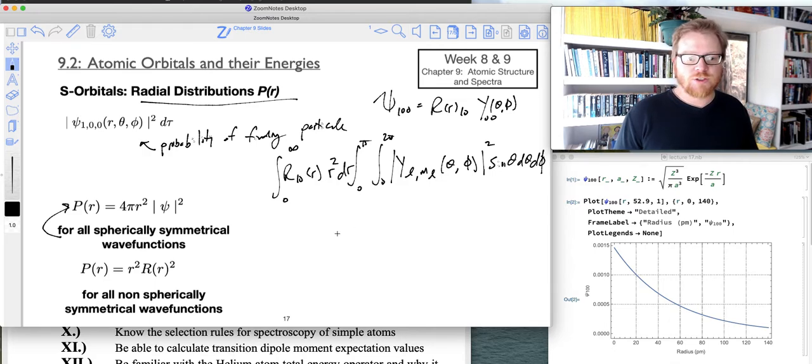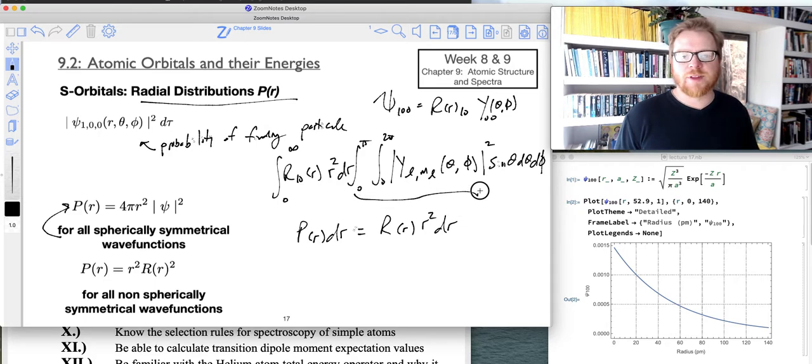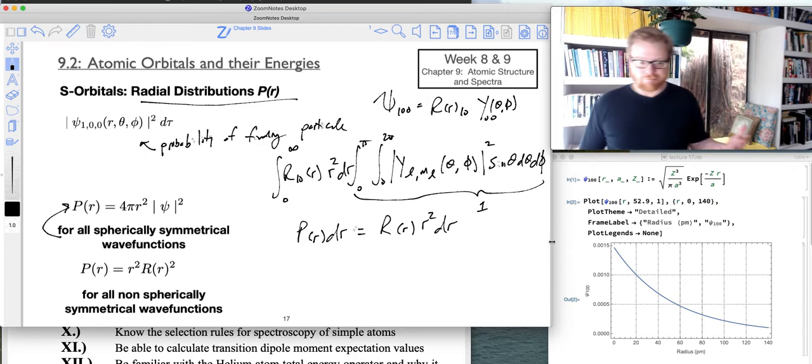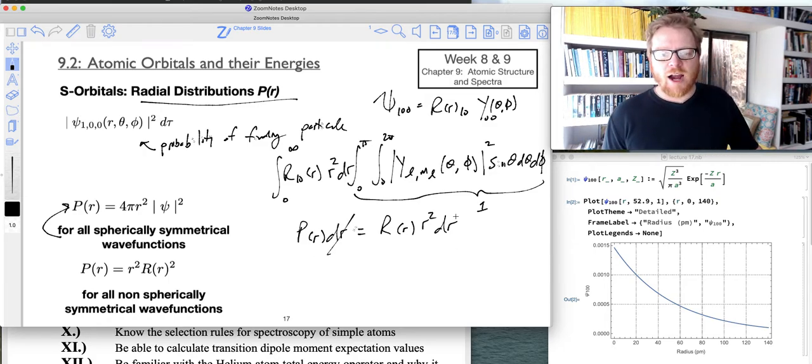So what ends up happening here, we're going to define this function P of r dr as, and I'm going to drop the integral here, just R of r squared dr. And now all of this stuff is already normalized to 1. So the dr and the dr cancel, and we get that P(r) equals R times r squared.